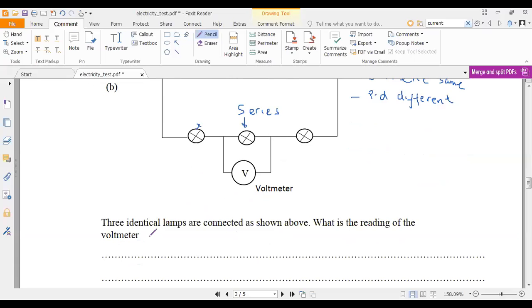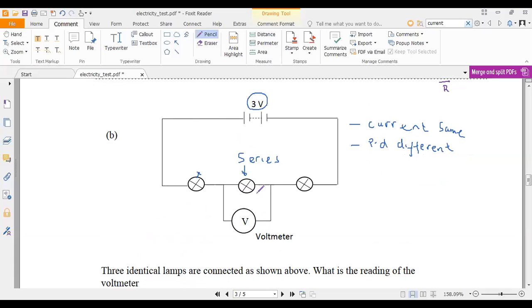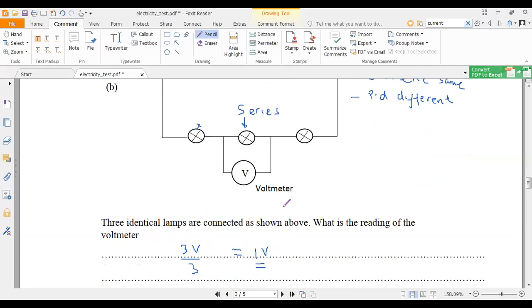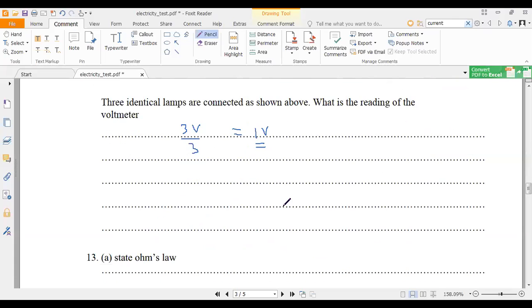So the reading of the voltmeter will be 3 volts divided by 3, which is 1 volt, since the bulbs are identical.